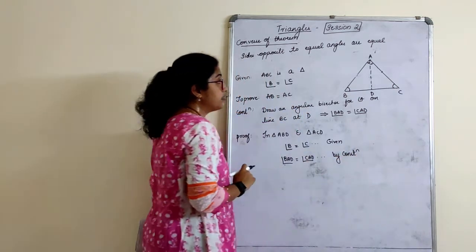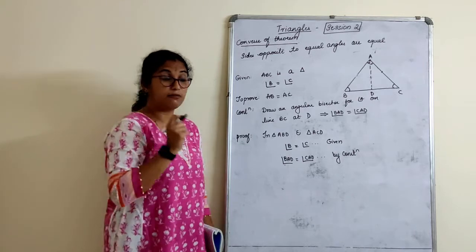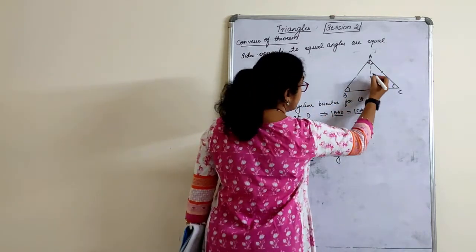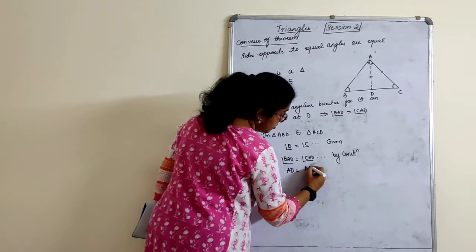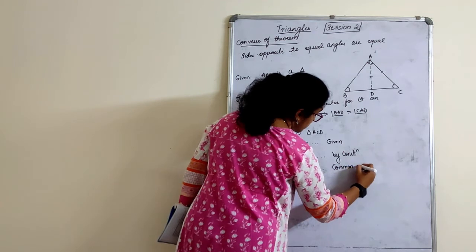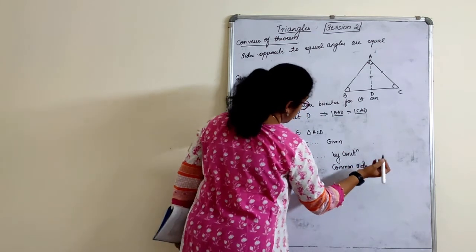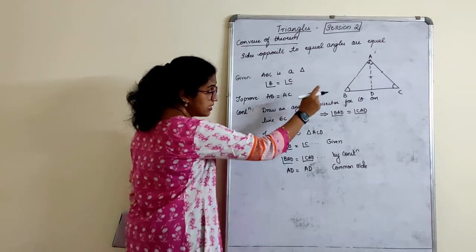Now, the last part is left here again. We know what to search for. Only left is here, common side. So again I can tell here, AD is equal to AD. Reason, common side. Okay. Now see by which congruence rule. Angle, side. See here also.